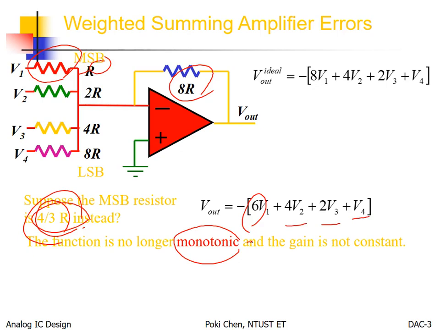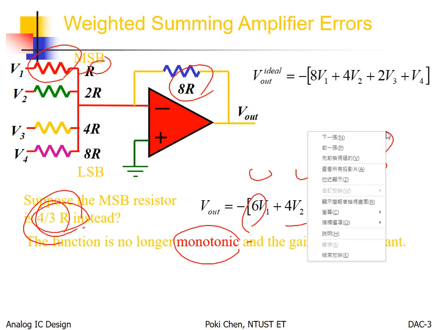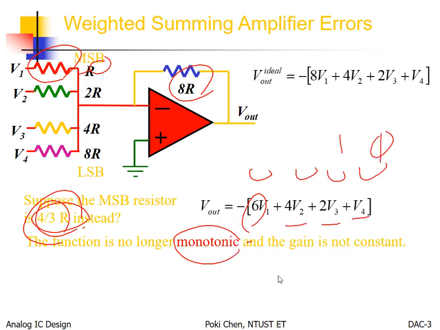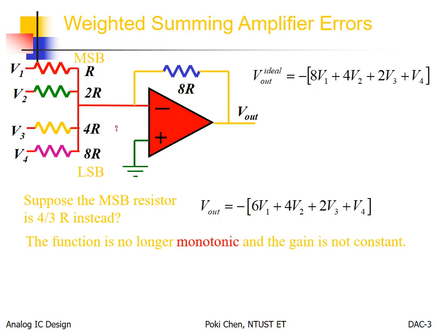For the input, from 0, 0, 0, 0, then 0, 0, 0, 1, and 0, 0, 1, 0. I suppose all the others are perfect at the current moment. So you can see after you apply 0, 1, 1, 1, you get 7. Forget about the sign, I only focus on magnitude. What is the next input?